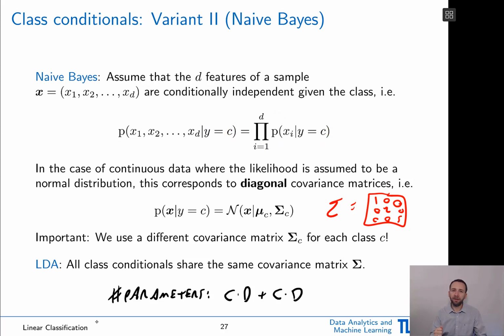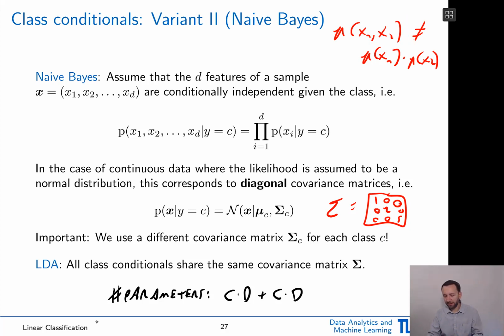It does not mean that the features themselves are independent. If you ignored the class and just looked at P of x1, x2, it might not be equal to P of x1 times P of x2. This is what we don't assume.